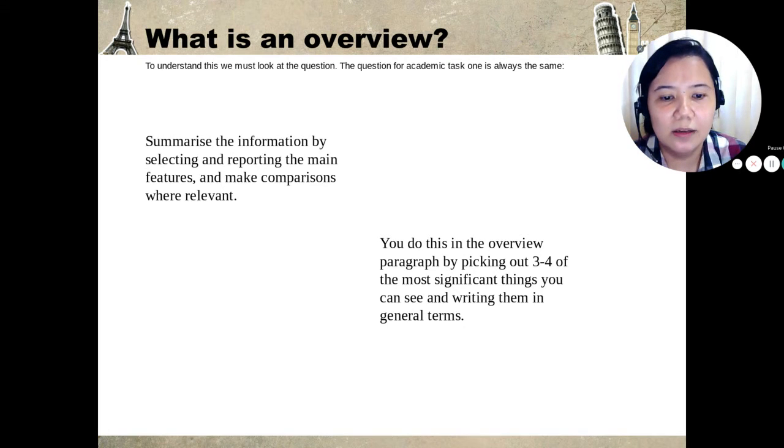You do this in the overview paragraph by picking out around 3 to 4 of the most significant things you can see and writing them in general terms. By general, I mean you do not support anything you see with data from the graph or chart. Just write about what you can see visually. So that's one thing that you need to remember. Again, pick out 3 to 4 of the most significant things.